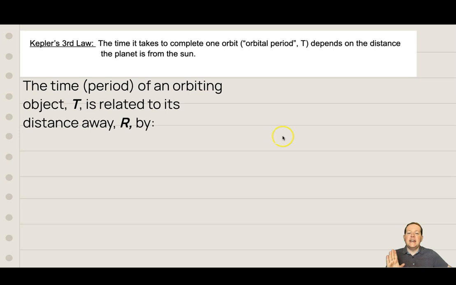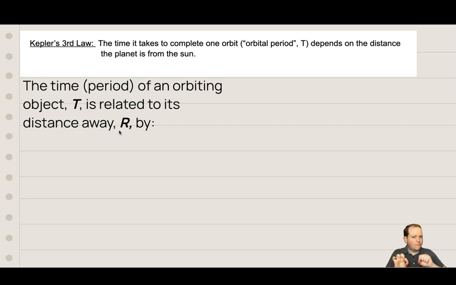So here we go. Getting a little more specific, we're relating time to orbit based on how far away from the sun we are. The time of an orbiting object, which we're just going to call T, T for time. We use an uppercase T because, again, it's a specific time. It's the time for, let's say, the Earth to go around the sun, and the time for Mars to go around the sun. The time T is related to the distance r.